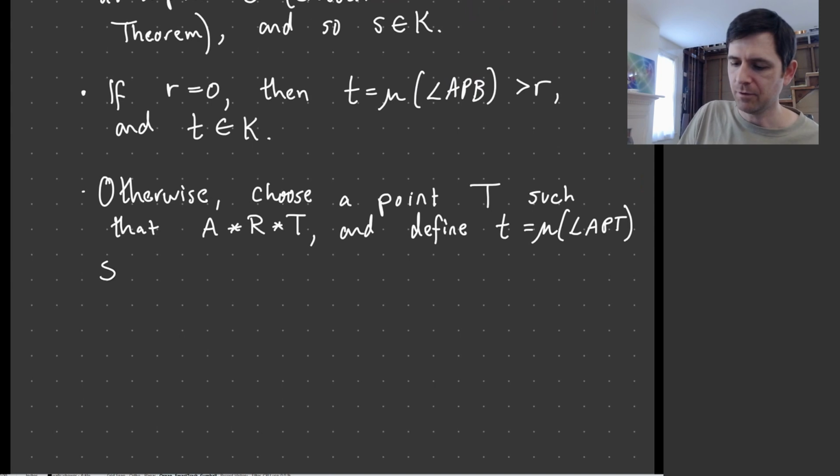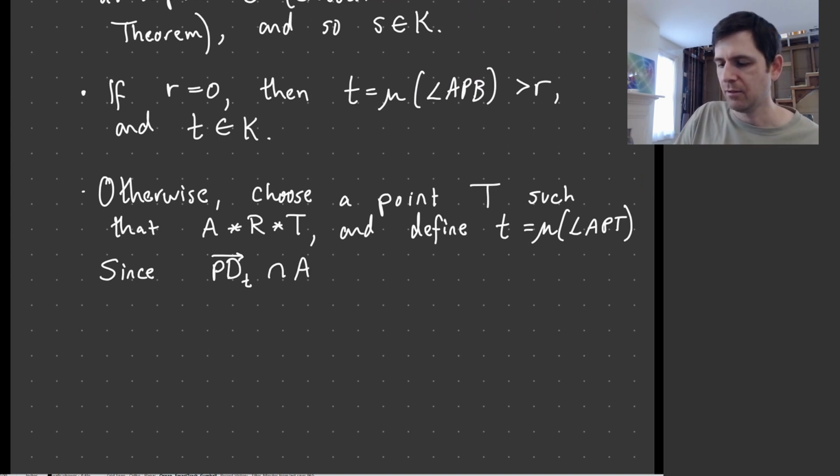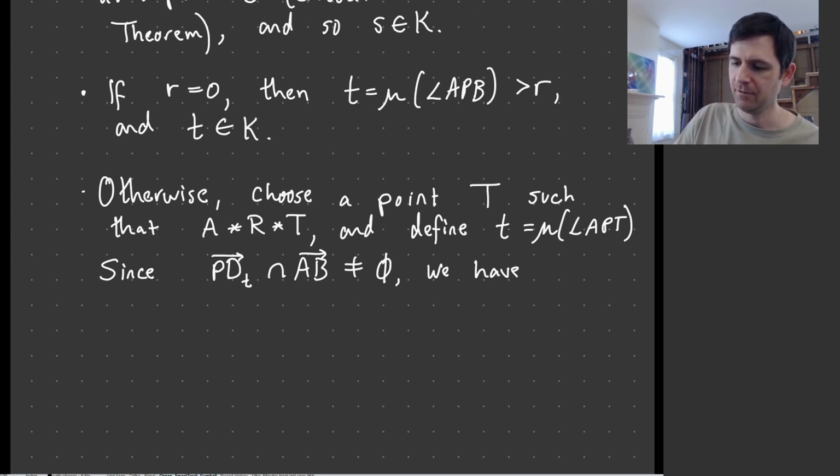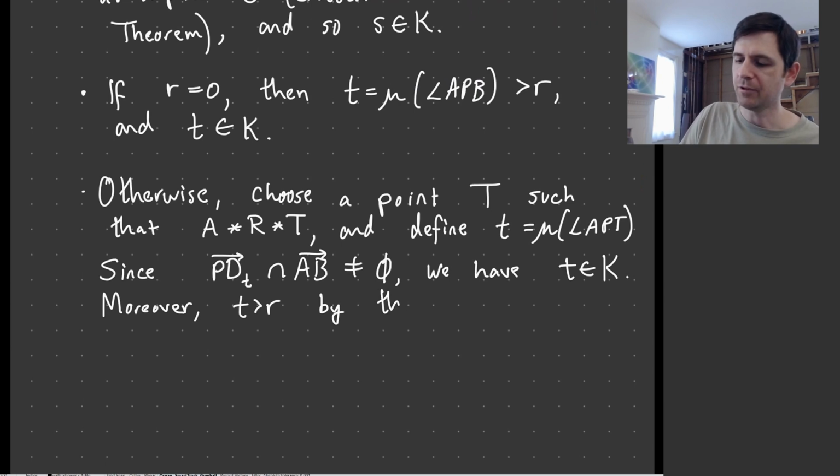Okay, so the conclusion, since PDT intersect AB is not empty, because that intersection is the point uppercase T, we have that T is in K. And moreover, of course, t is greater than r by the protractor postulate.